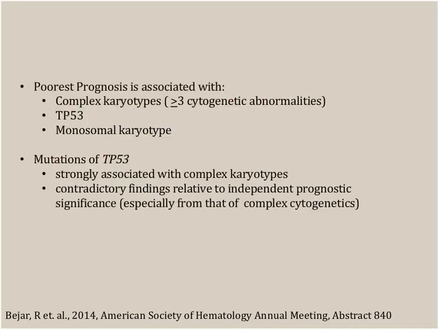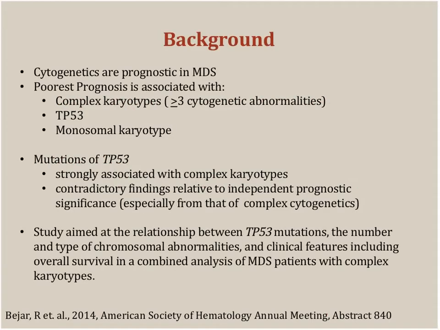And here you can see cytogenetics are prognostic in MDS. The poorest prognosis are patients who have complex karyotypes, defined as 3 or more abnormalities, p53 mutation, or a monosomal karyotype. Mutations of p53 have been strongly associated with the presence of complex karyotypes, but there have been some contradictory findings relative to whether p53 mutation is an independent prognostic variable.